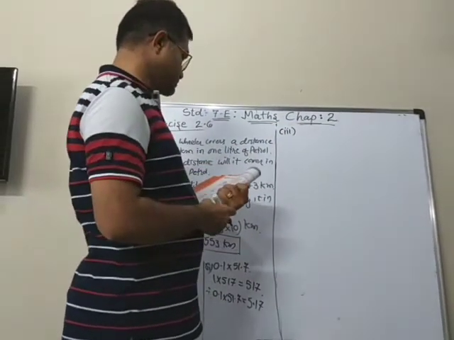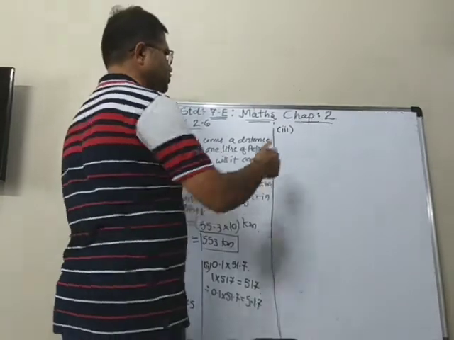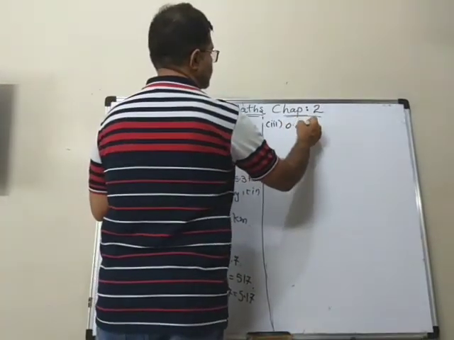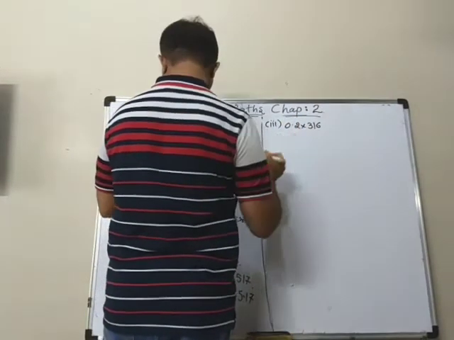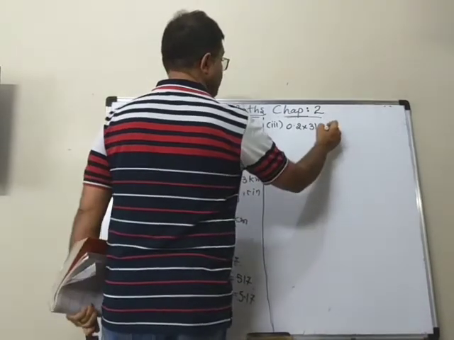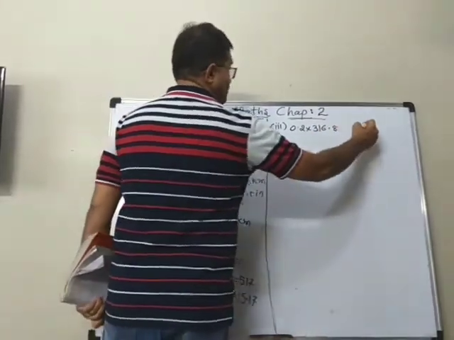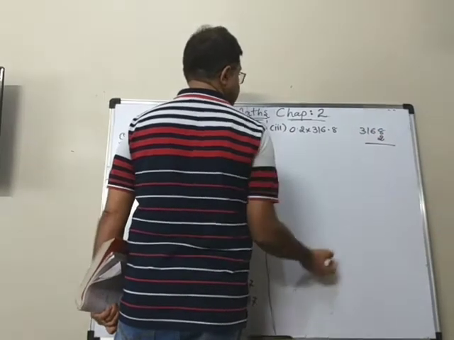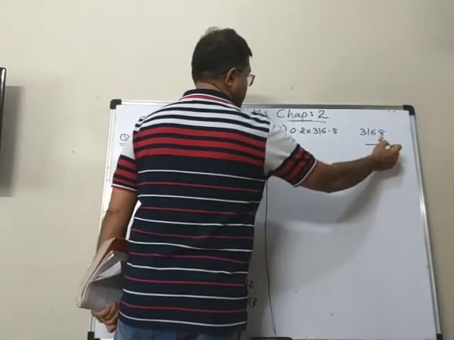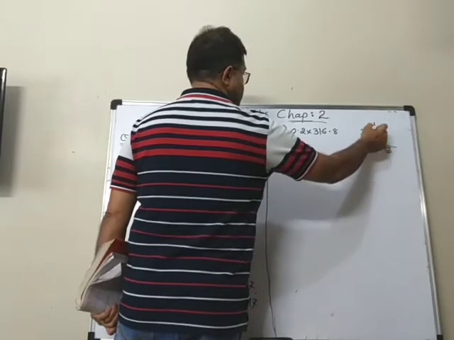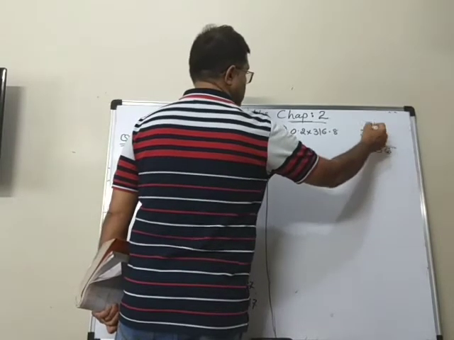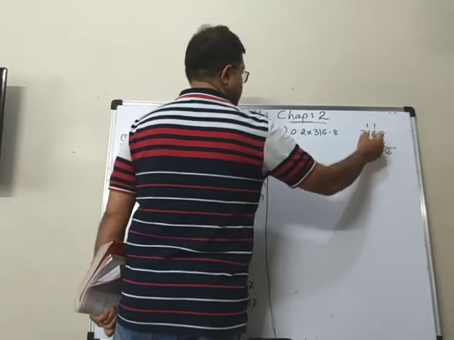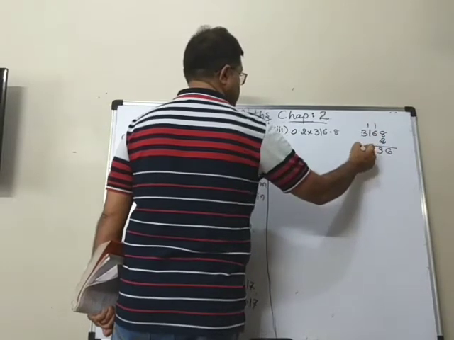Next it says 0.2 multiplied by 316.8. So we will multiply ignoring the decimals as a whole number. 2 times 8 is 16, 2 times 6 is 12 plus 1, 13, 2 times 1 is 2 plus 1, 3, and 2 times 3 is 6.